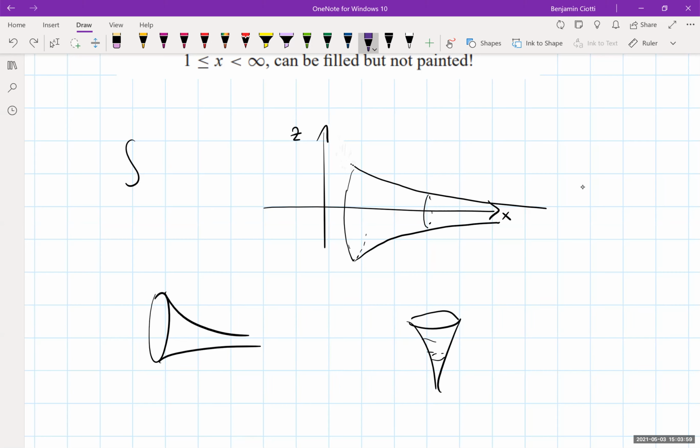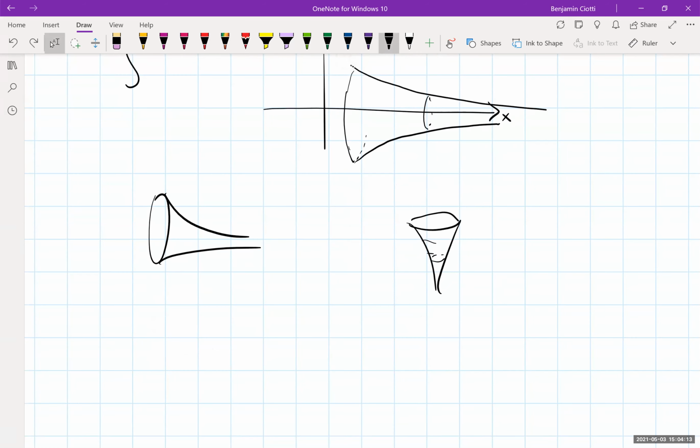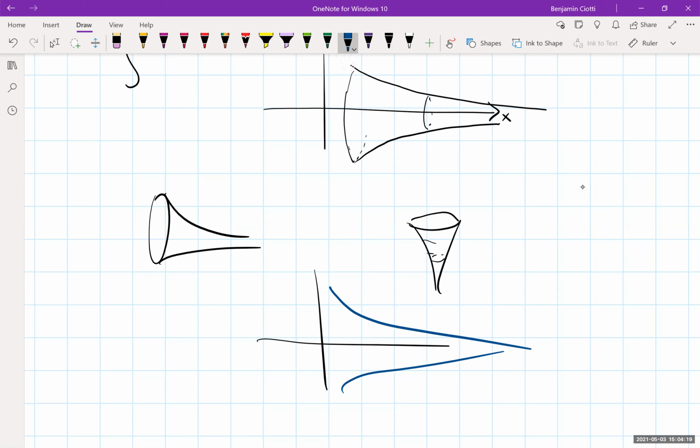Okay, so I think I can figure out how to find the surface area using the surface of revolution. What about the volume though? Do we use the disk method? Yeah, sure. You can use disks, I think. It looks like a disk problem to me.